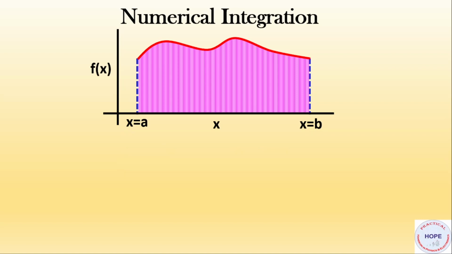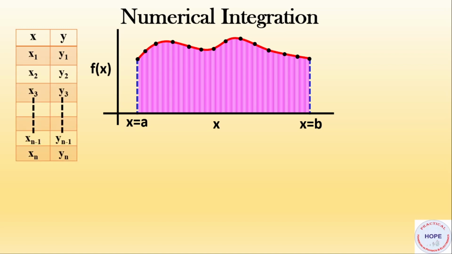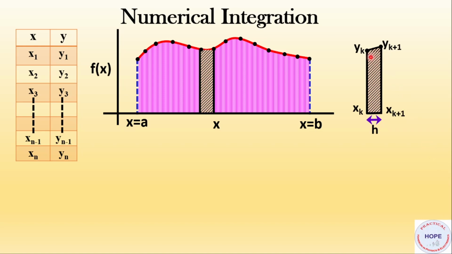Now we have with us these data points x and y. We are going to consider a number of strips and those strips will cover the whole area. Say we consider this one strip. Suppose if we connect two consecutive points by a straight line like this. The strip is like a trapezium. Say this width of the strip is h and can be calculated using this.